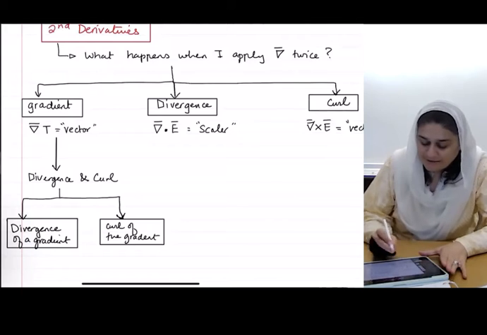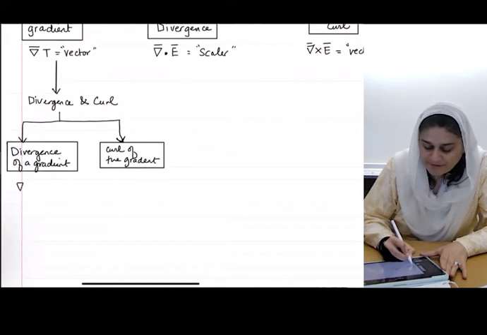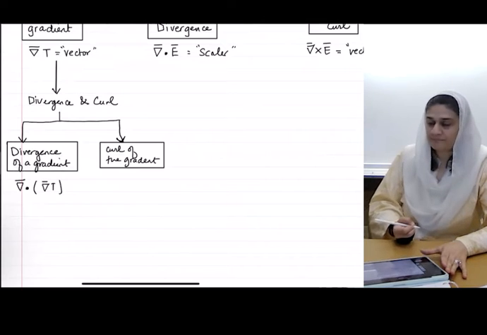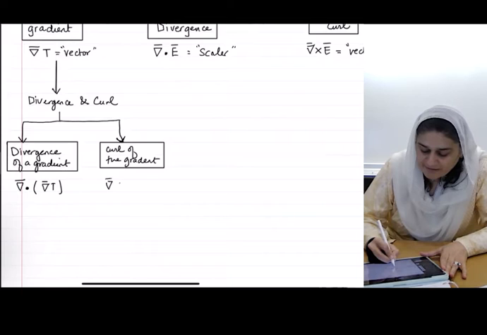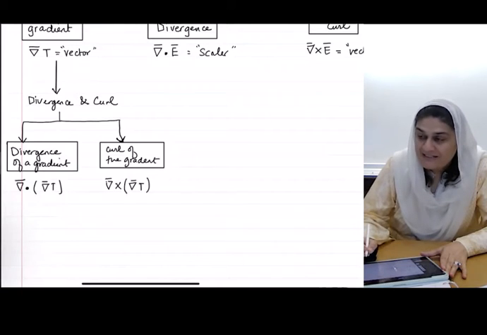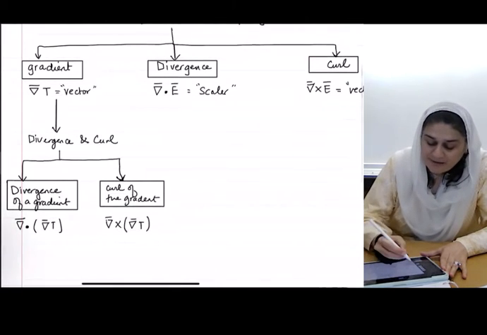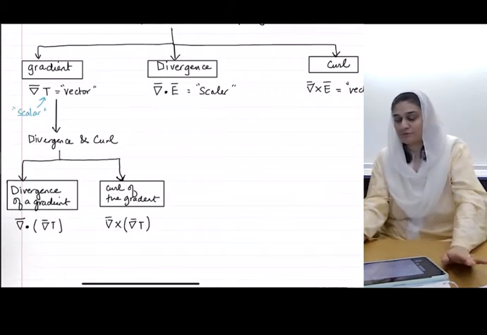What would this look like? The divergence of a gradient is del dot del T. The curl of a gradient is del cross del T. Remember, this T is a scalar by itself. It's just a number, like the temperature of a room.